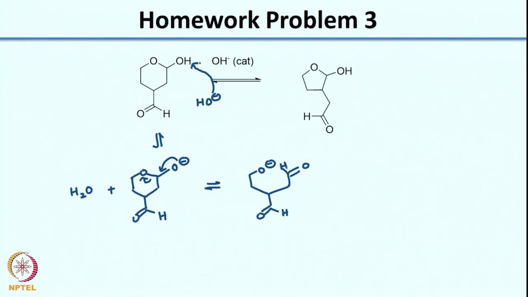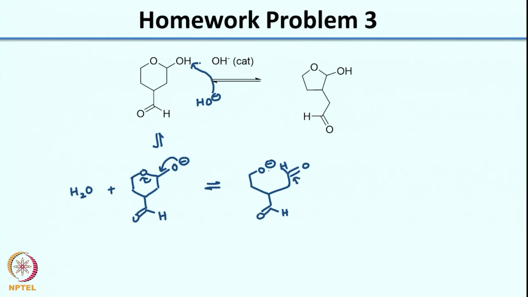So now that you have opened up the 6-membered ring, now this O minus that you have has 2 options. It sees 2 electron sinks. Now if it goes to the aldehyde here, you will get back your reactant.